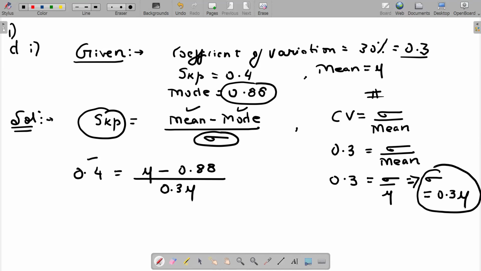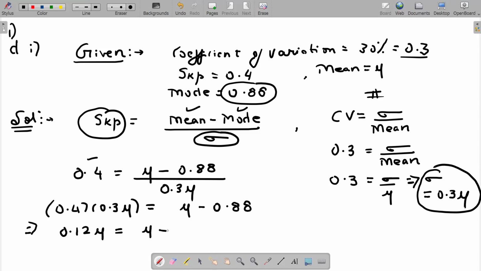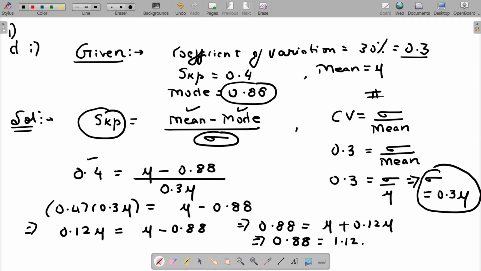So 0.4 into 0.3 mu is equal to mu minus 0.88. So I get 0.12 mu is equal to mu minus 0.88. So this implies 0.88 is equal to mu plus 0.12 mu, which implies 0.88 is equal to 1.12 mu.